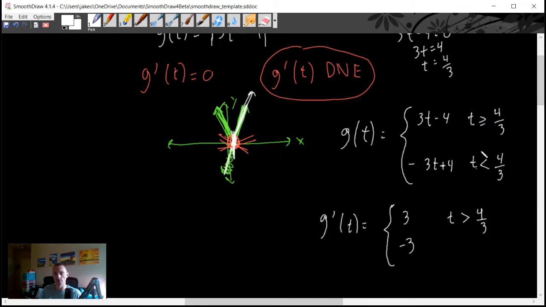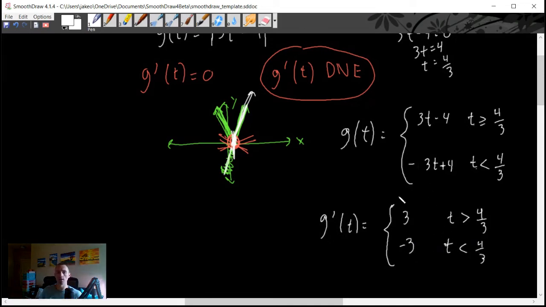There's an additional step we would need to go through to verify that this function has the same slope at that point. Since to the left and to the right of t equals 4/3, we have two clearly different slopes, right? One of them is 3, one of them is -3. We're not going to be able to say that this derivative continuously flows from -3 to 3 right at 4/3.